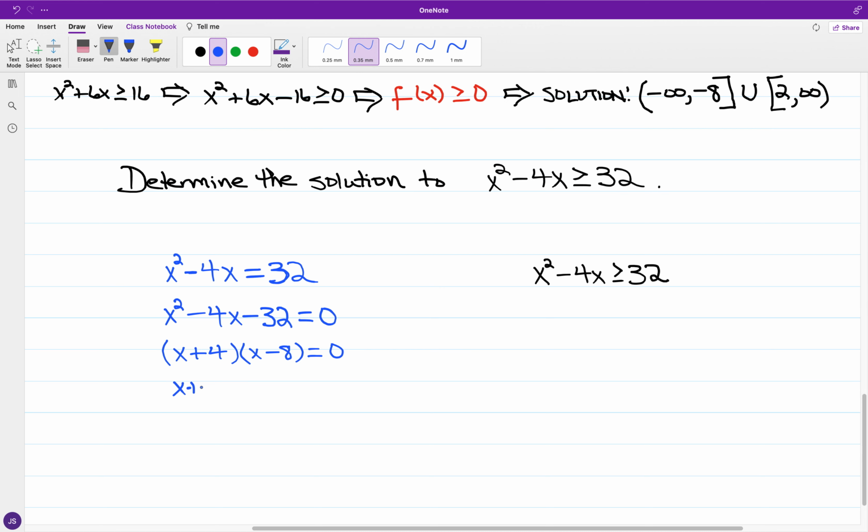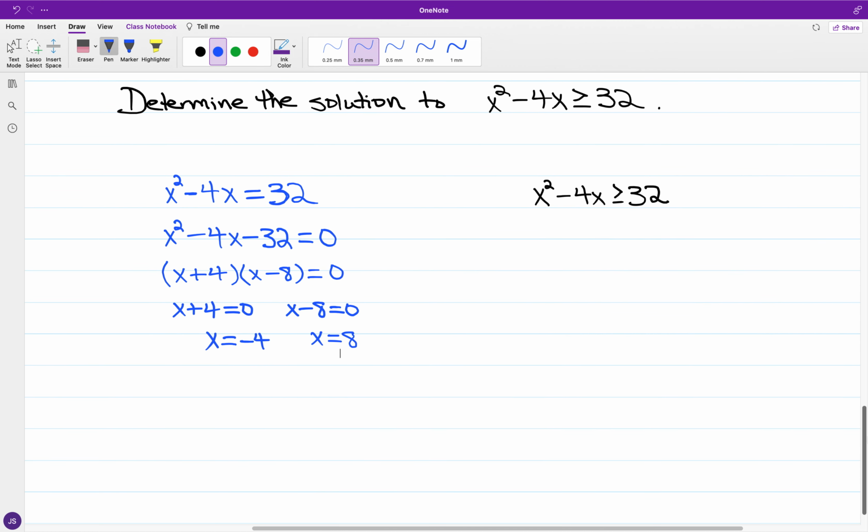And utilizing the zero product property, from x plus 4, if I set this equal to 0, we'll have that x is equal to negative 4. And for x minus 8, if I set this to 0, I'm going to have that x is equal to 8. And so we would have for our solutions negative 4 and positive 8.